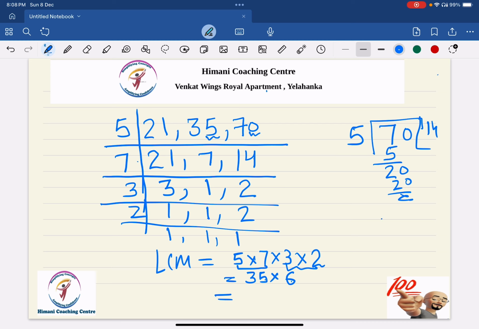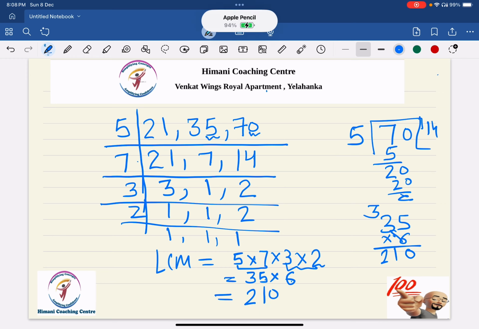So if you want you can do it here. 6 times 5 is 30, 3 carry over, 6 times 3 is 18, 18 plus 3 is 21. So the LCM is 210.